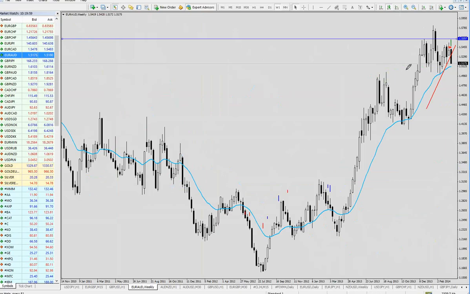But as you can see, the support has been tested 3 times already. So even if we had any buy orders, most probably they were executed already. So I would say this support is weak. The only thing is this moving average, and some traders are focusing on this.